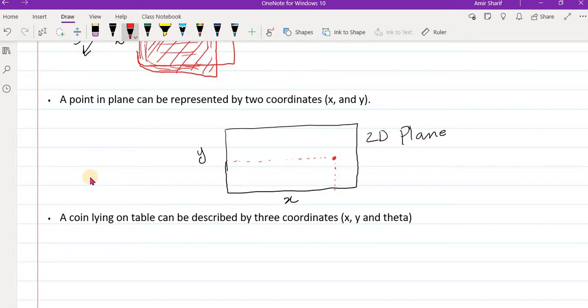So its configuration is dependent upon two variables, X and Y, and its configuration space will look something like this, where you have values of X from 0 up to so on, and there you define its configuration.